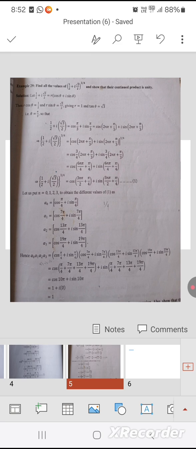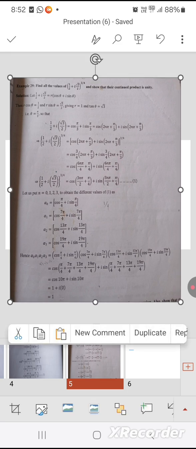So now we will raise to power 3 by 4. Now apply De Moivre's theorem again. z raised to 3 by 4 is equal to (cos(2n pi plus pi by 3) plus i sin(2n pi plus pi by 3)) raised to 3 by 4. Now multiply the angle by 3 by 4.